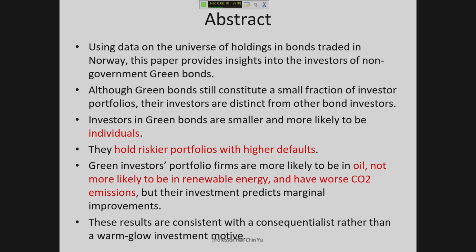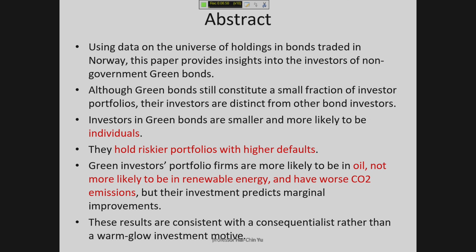But they found that the portfolio of green bonds is most likely to be in oil and gasoline, not most likely to be renewable energy. So they have worsened CO2 emissions. And overall, these results are consistent with a consequentialist motive rather than a warm glow investment motive.